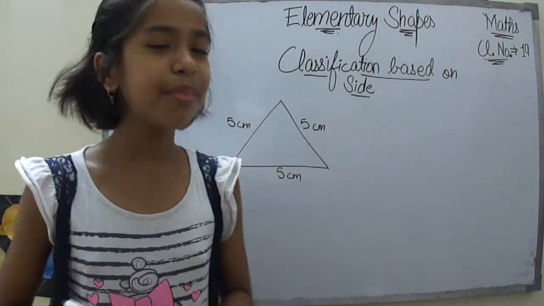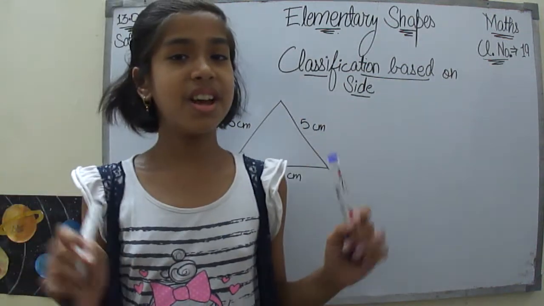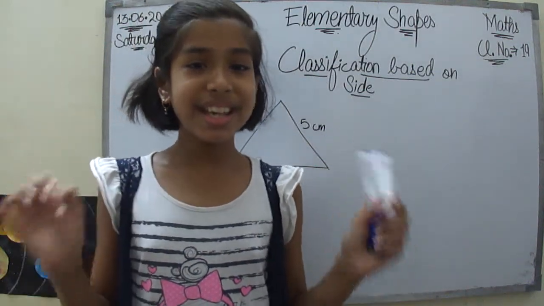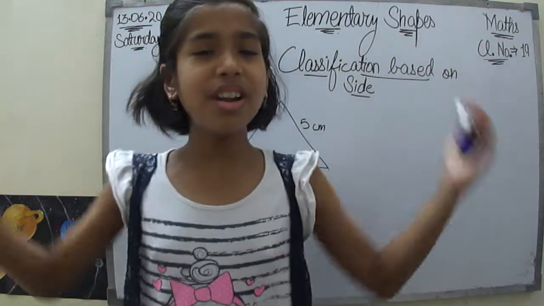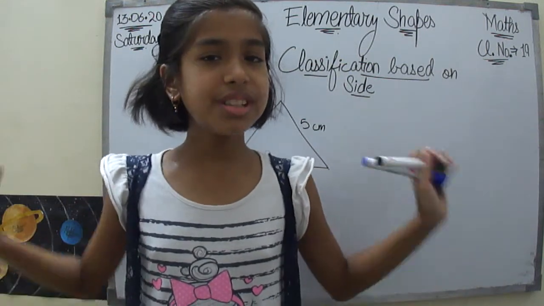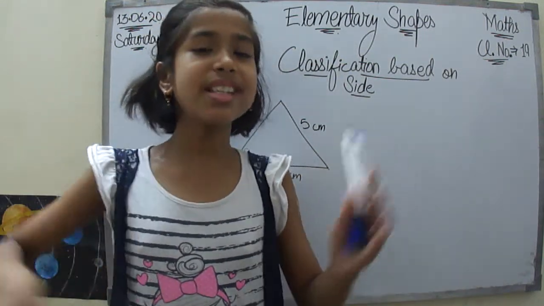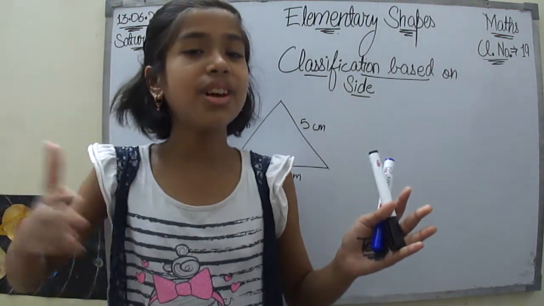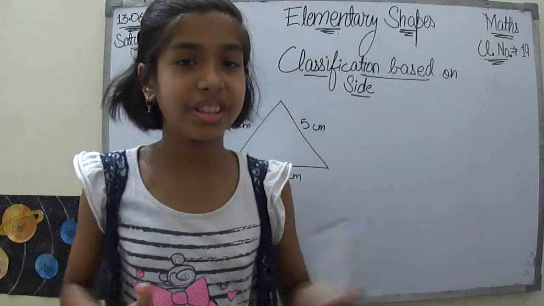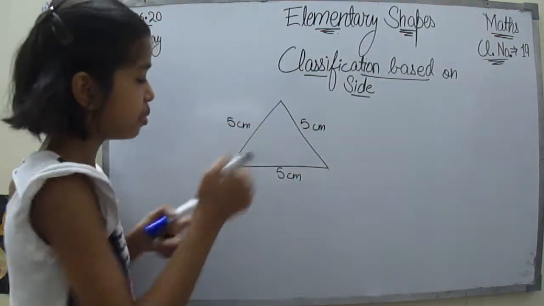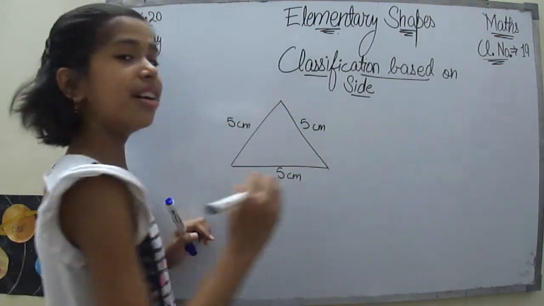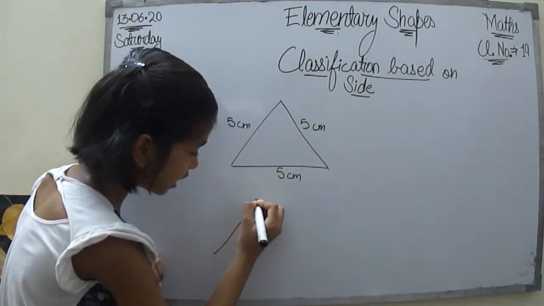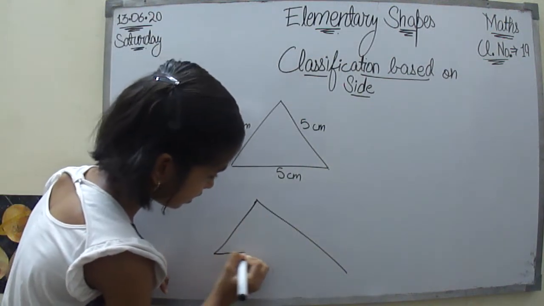What could be another possibility? The other possibility, which is very simple, is that no side is equal. All the sides are different. So that could be another possibility. Let's say that I have a triangle like this.